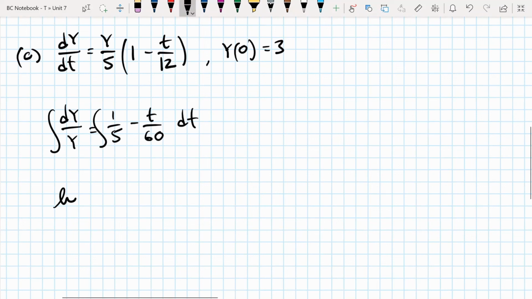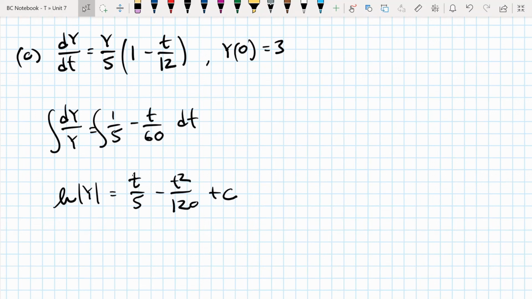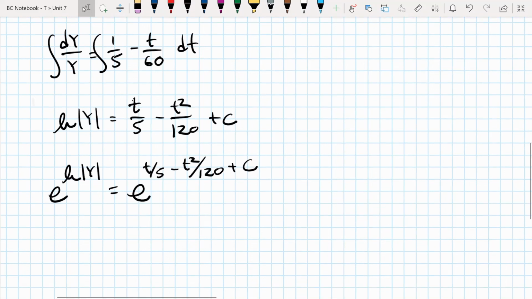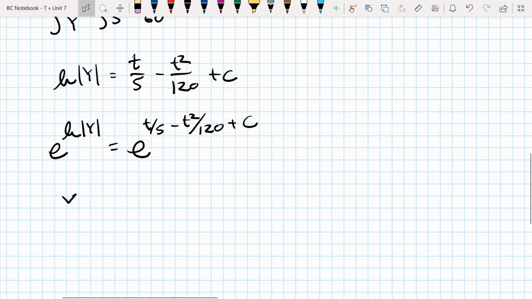The natural log of the absolute value of y is equal to t over 5, the integral of 1/5 with respect to t, minus t squared over 120 plus c. Let's exponentiate both sides, so e to the ln of y is equal to e to the t over 5 minus t squared over 120 plus c. The left-hand side becomes y. And we've seen this before, the c can come down here in the front.